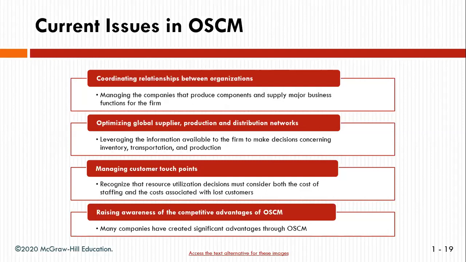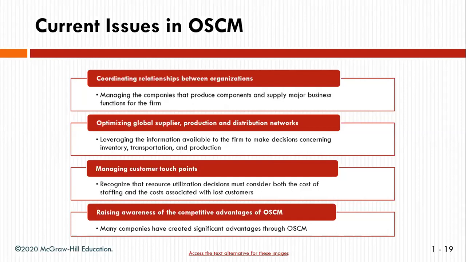So leveraging the information available to the firm to make decisions concerning inventory, transportation, and production is very important. Sometimes you cut part of your production, give it to the supplier, whether you work as horizontal or vertical with others, just to make sure that everything is under control. It is how you're going to make that decision.